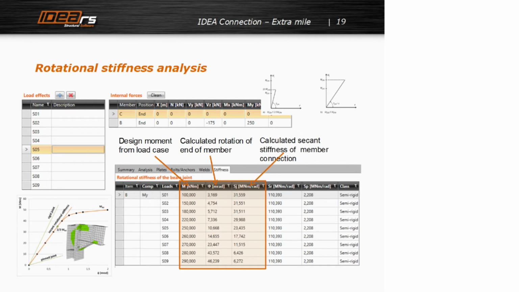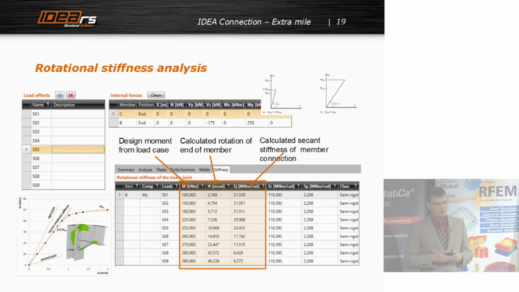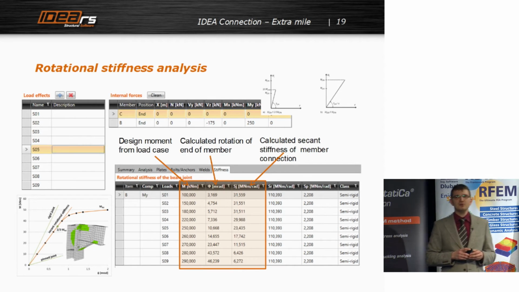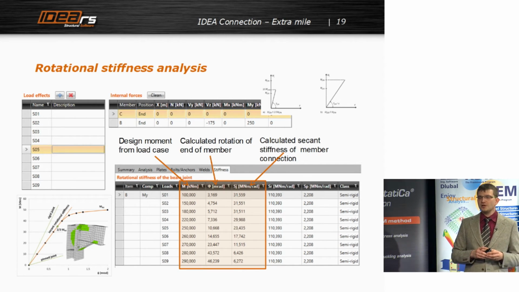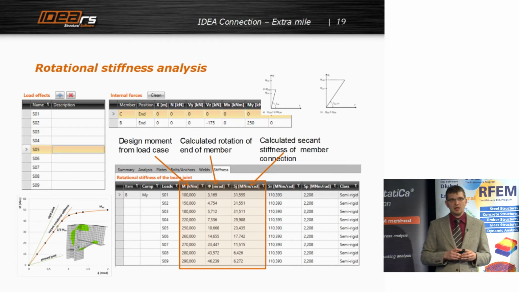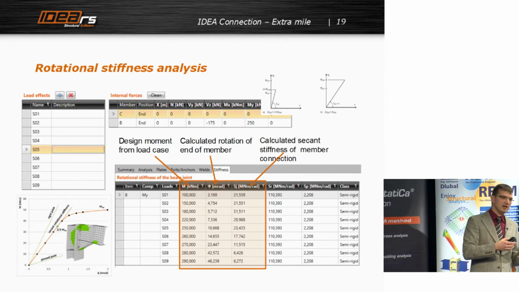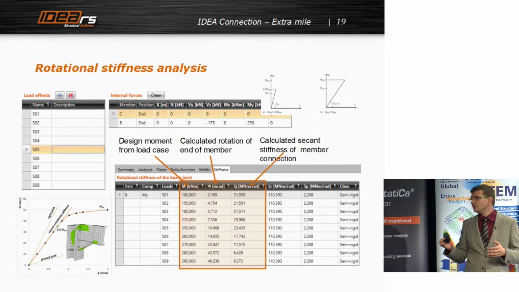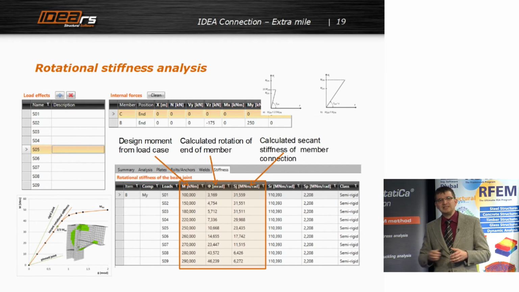As I already mentioned, we are able to calculate the rotational stiffness of the joint. This is a very useful feature for the analysis of the whole structure, because usually you calculate some 3D model with the members, and then you take the internal forces from the node and apply them into the joint design.